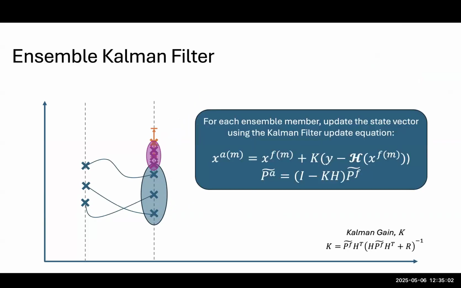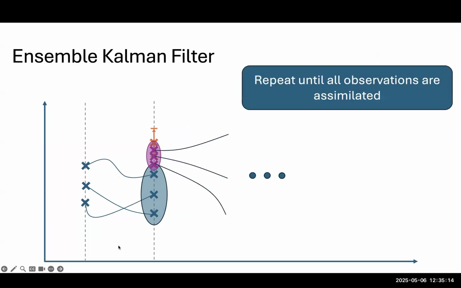And then we use the Kalman filter equations to update each ensemble member and get an estimate for the posterior uncertainty. And then we repeat that until everything's been assimilated.